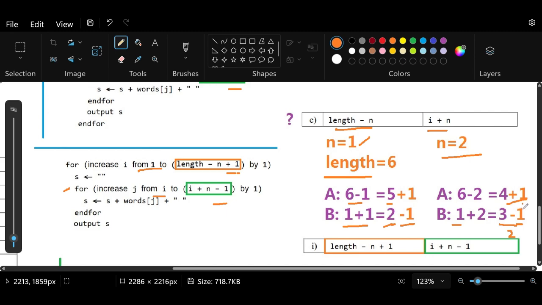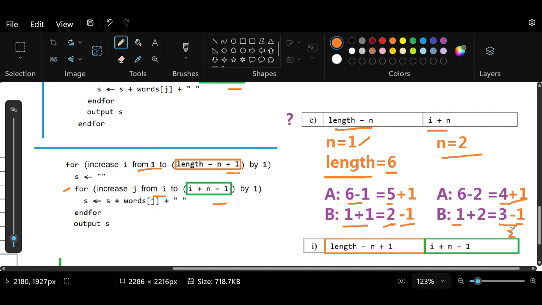And as it turns out, without the +1, if we reach 4, we eventually would not need to do the remaining ones because we have 6 as the length. If we're doing 4 as the last position of I, and we're going for 2 words, then we get only 4 and 5.